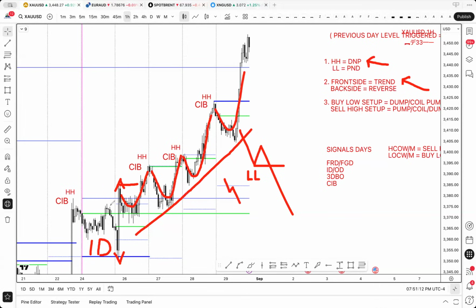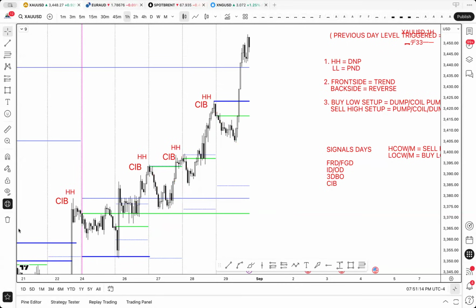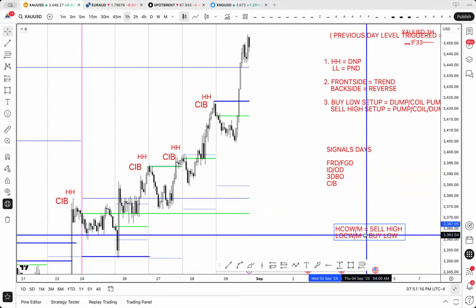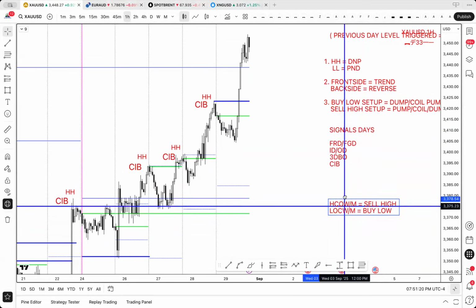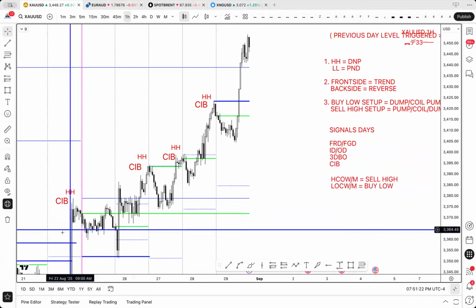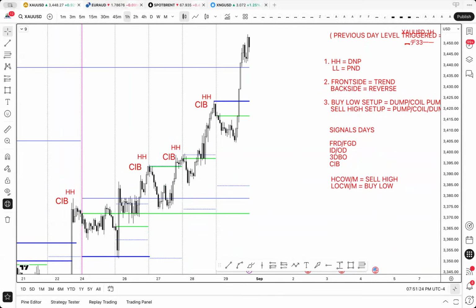Now, a closing breakout is a day that closes above the previous day's range, above or below. So this is the previous day's high, and they close above it. That's a signal for either a large trend or reversal trade.